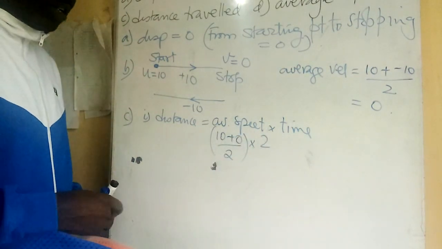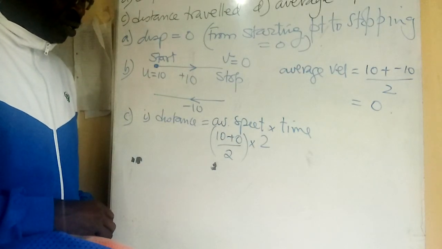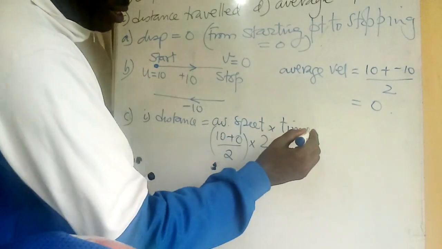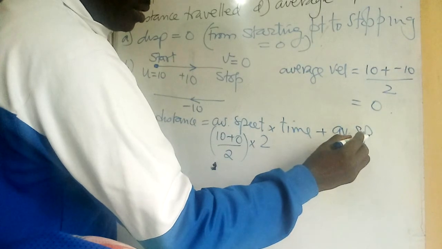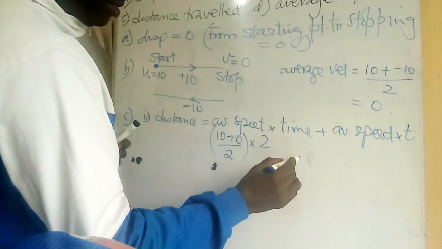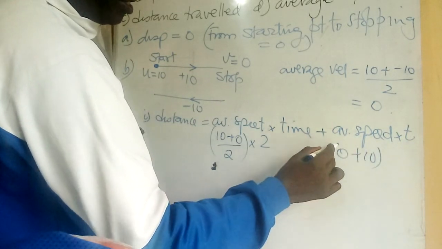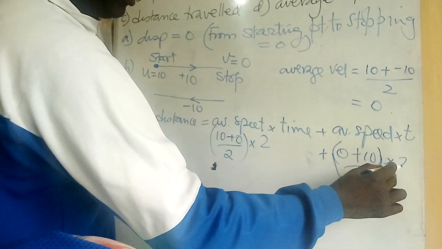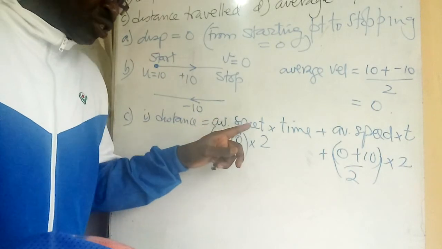So this is the part of the motion of deceleration. Then plus another average speed times time. So plus 0 plus 10 over 2, again times 2. That is the reverse. So why do I use average velocity?